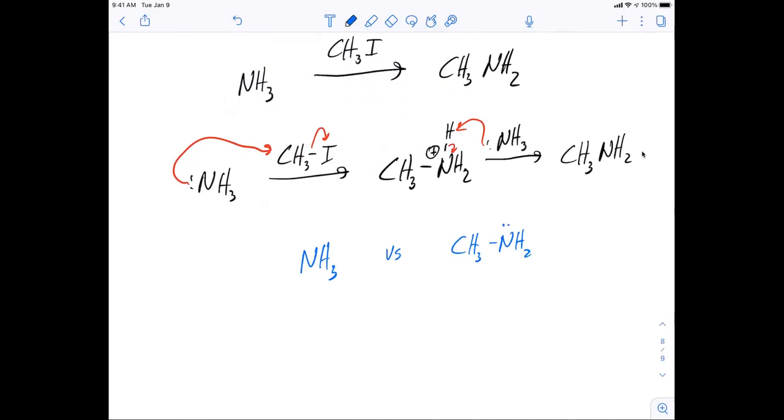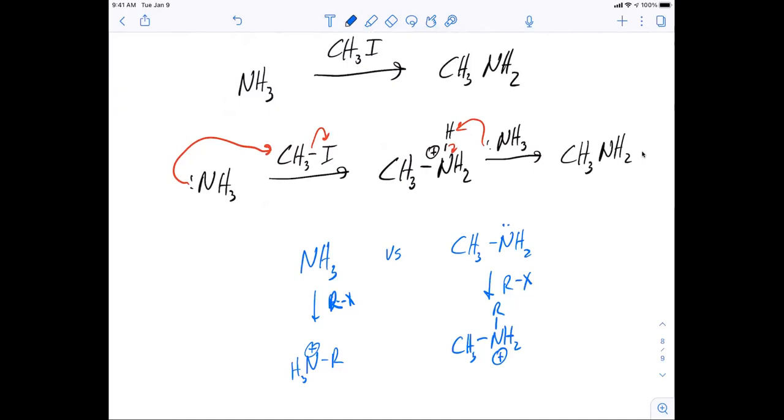which of these two is going to be a better nucleophile? Well, if we think about what's happening, right, if we have through hyperconjugation, right?